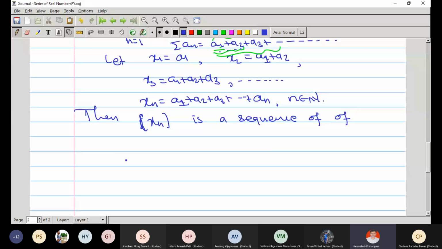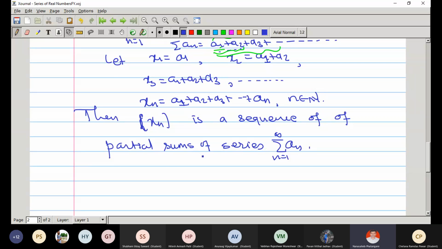We are adding partially. It is the sequence of partial sums of the series an, where n is from 1. So x3 means take the sum of the first three terms, x4 means take the sum of the first four terms. So it is a sequence of partial sums.